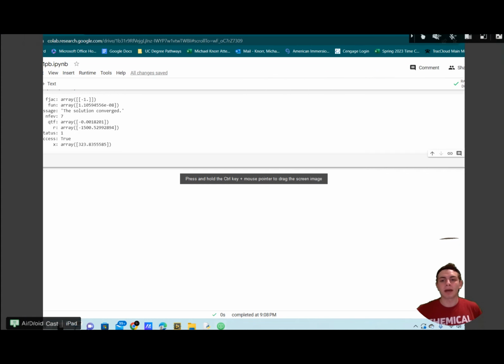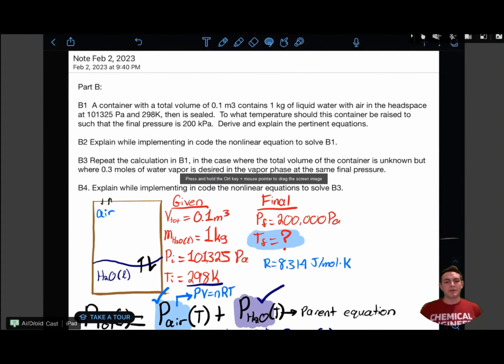And this time, instead of the temperature being the only unknown in this scenario, we also have to figure out what the total volume of the container is, since it's unknown. But we are given the statement that 0.3 moles of water vapor is desired in the vapor phase. Everything other than that is about the same. So we can go about solving this in virtually the same way.